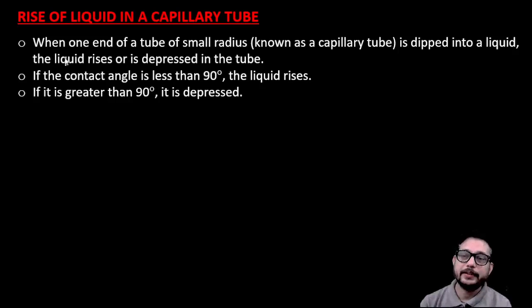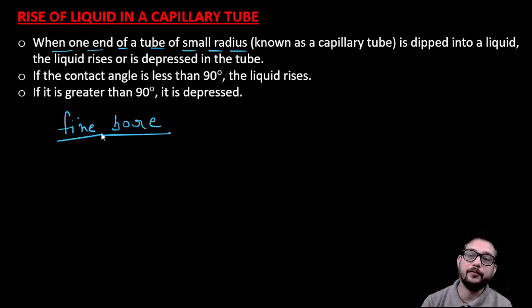As you can see here, it is clearly mentioned: when one end of a tube of a small radius is basically called the bore, B-O-R-E, bore. If the bore is very fine, very thin, we can simply say a small bore, then that tube is known as a capillary tube. If I draw a diagram for you, it will be like this.